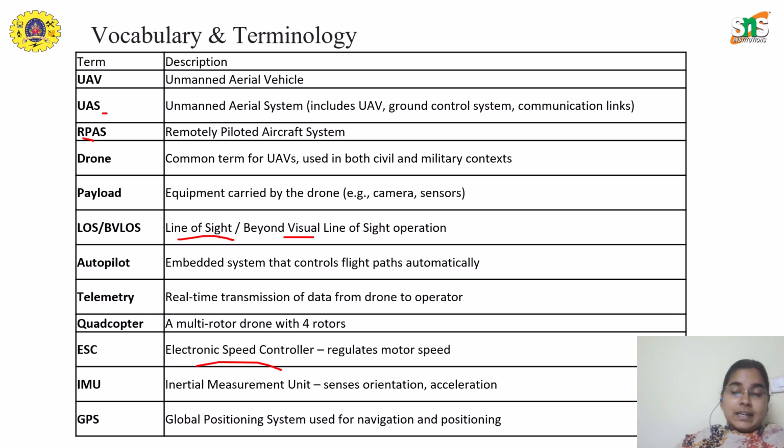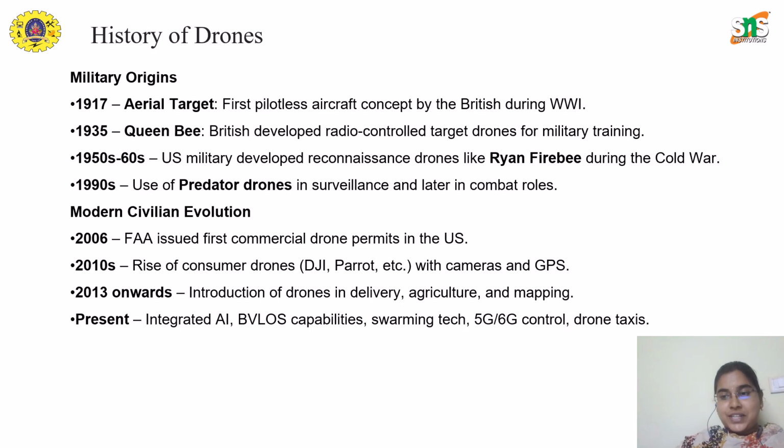And IMU, an important topic which we are going to discuss in future, is the inertial measurement unit which senses orientation and acceleration. And GPS, as we are all familiar with, is the global positioning system, basically used for navigation and positioning.